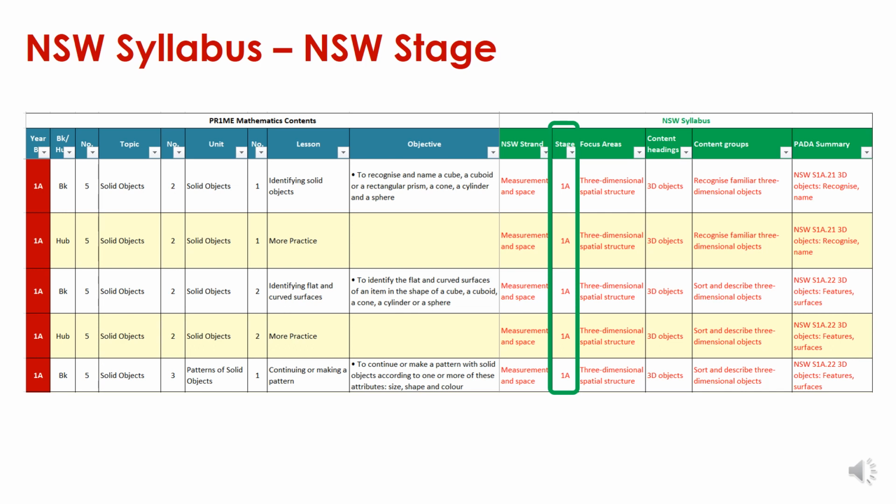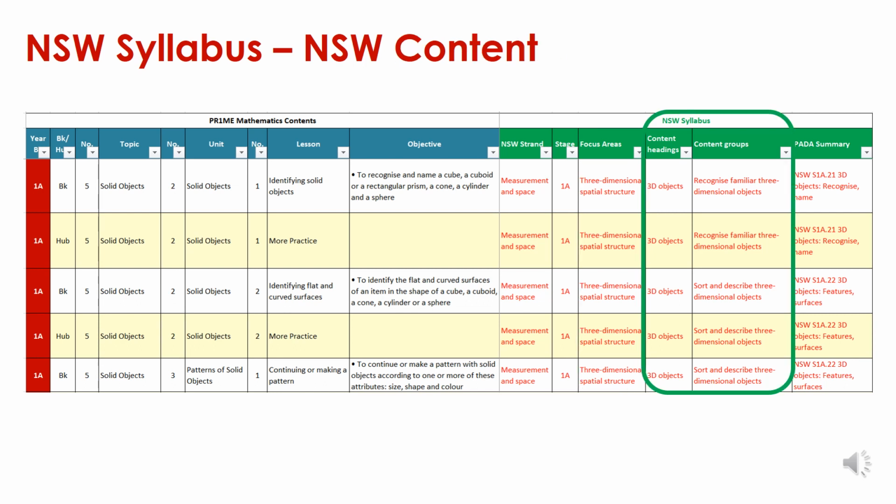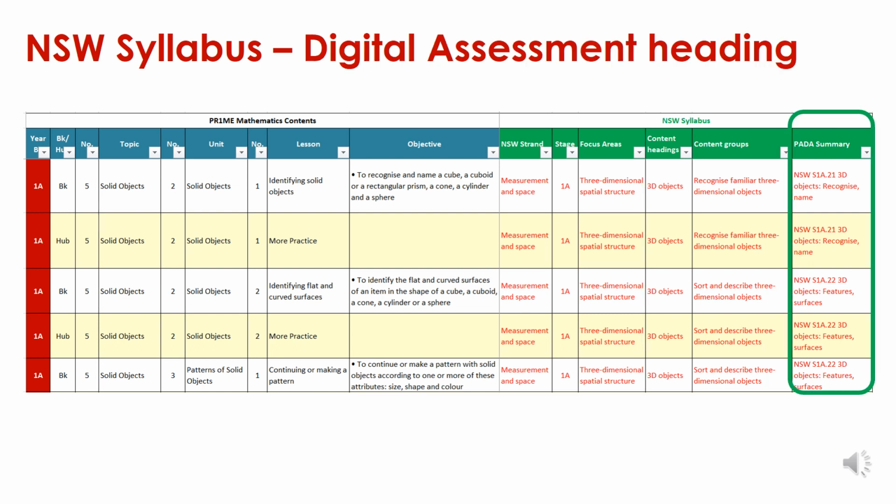Next, the New South Wales stage. Then the New South Wales focus area. Then the New South Wales content heading and group. And finally, the summary heading to be used in Prime digital assessment.